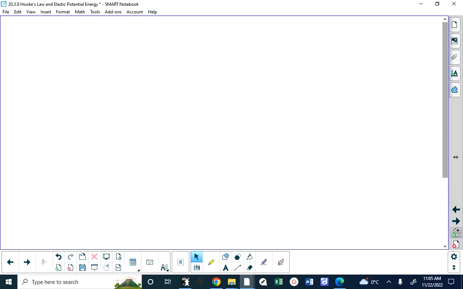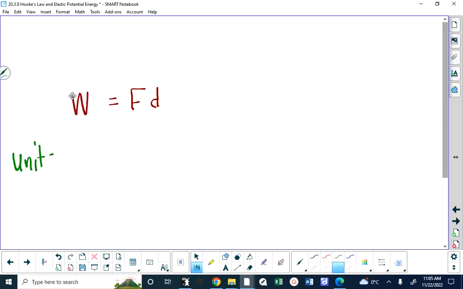And we started off with this formula for work. And in terms of units, work is measured in joules, force is measured in newtons, and displacement or distance is measured in meters.